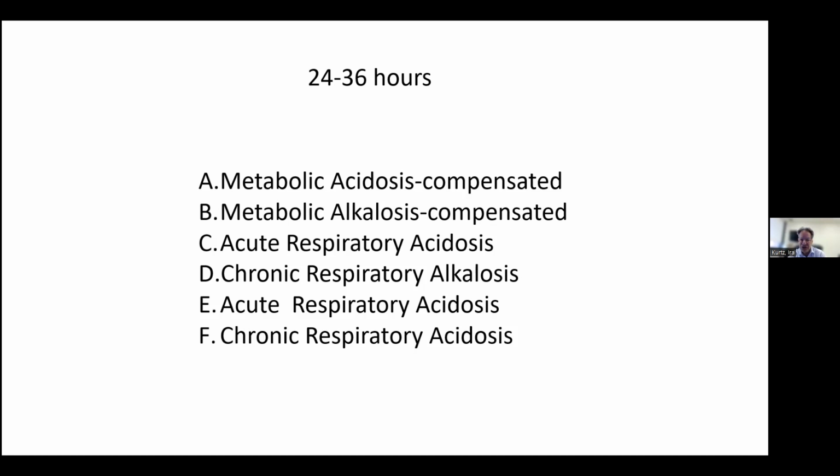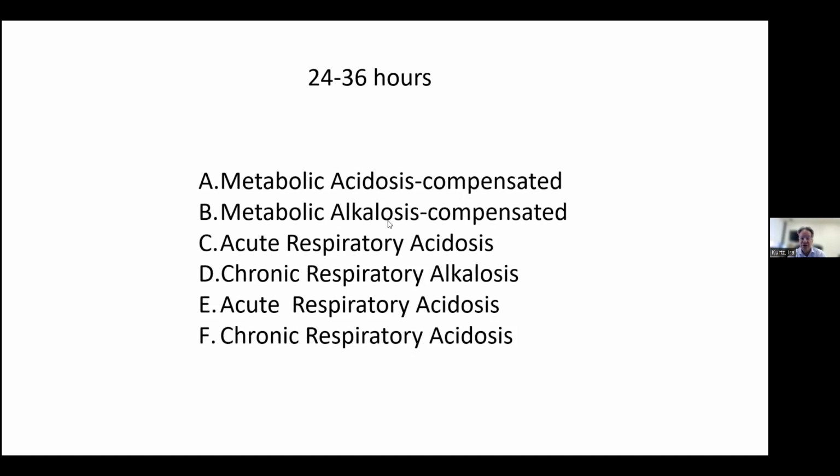If you come in too early, you're going to think that there's a respiratory acid-base disorder going on. You can come in too late, that's fine. You can wait 2, 3, 4, 5 days because nothing will happen after the first day and a half. So as long as you wait long enough, you're fine, but you can't be too early or you're going to make a mistake. So again, a day to a day and a half is the time it takes for the compensation in metabolic alkalosis to occur.